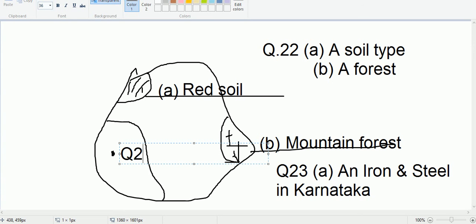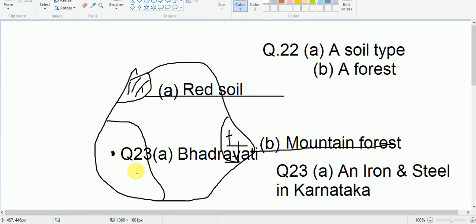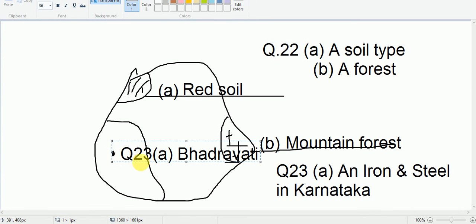So this question number 23A, and after this you have to write the name of the iron and steel plant in Karnataka. Let us say the name of the steel plant is Bhadravati. So you have to write like this. First put a symbol in the particular place, then write the question number.